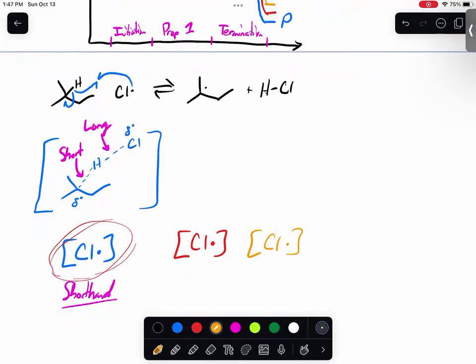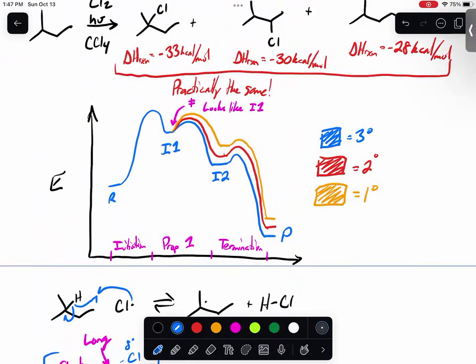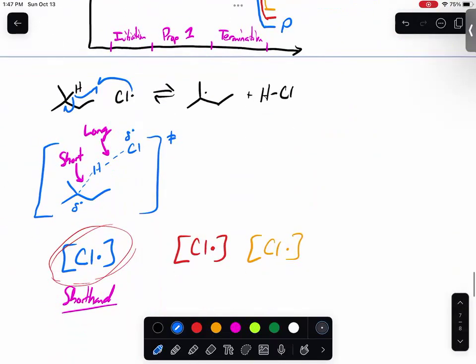So this transition state here, all of them are relatively close in energy because each one looks mostly like a chlorine radical. The differences in energy for those activation energies, right? Because notice they are still slightly different. They have little gaps in between. Well, the reasoning for that is because there is still some alkyl radical present, right?